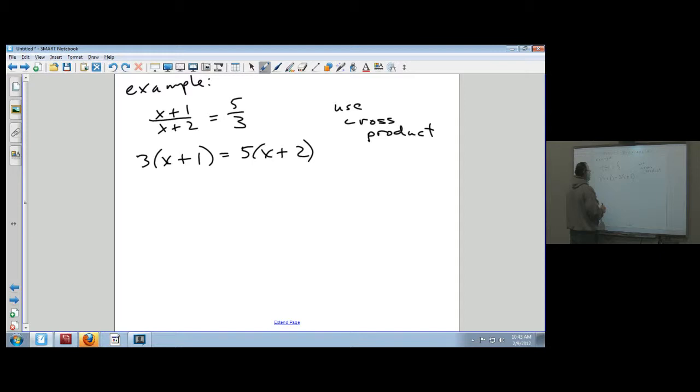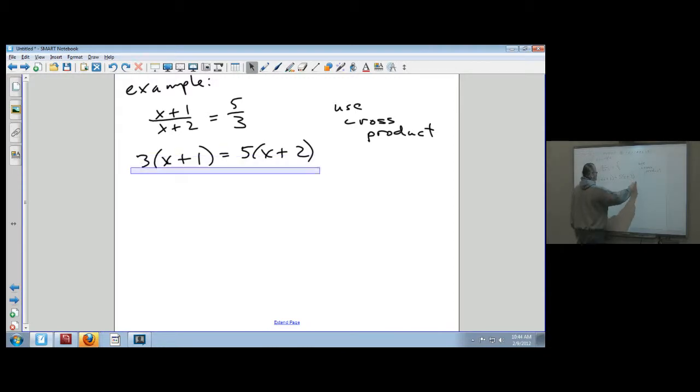Now, after we've done that, let's take a look at what we have here. We have an equation that doesn't have any fractions in it. That sounds like the first step when we talked about solving rational equations, and solving rational equations for designated variables: the first step we always do is clear fractions.